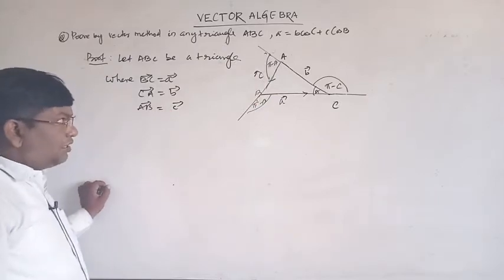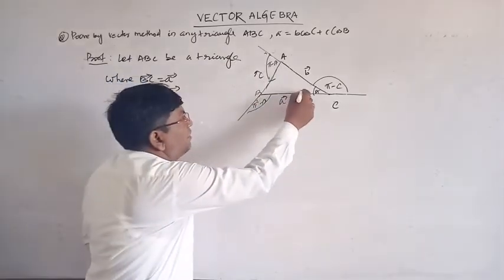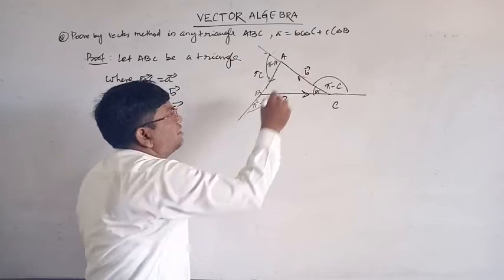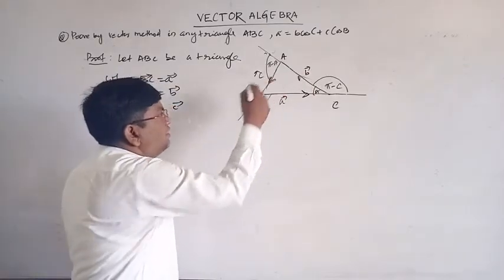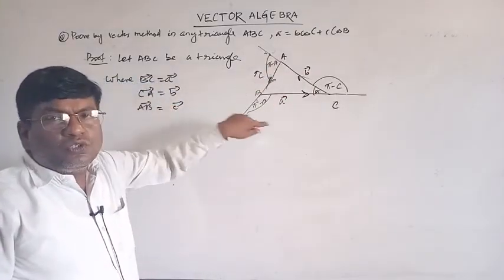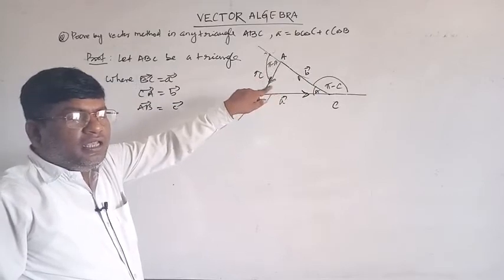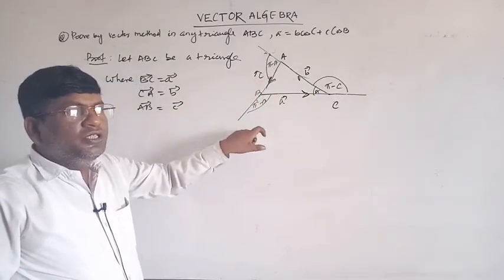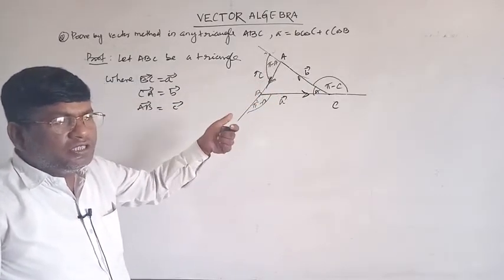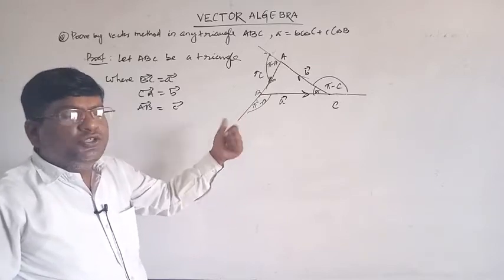From the figure, this is the direction of A, direction of B is here, direction of C here. So it is closed. If the figure is closed, then the sum of the vectors is 0.